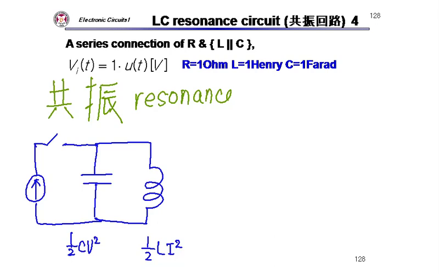Let's see. So this is my DC current, okay? And for t negative, I just connect this switch for a long time. So this is DC, right? So in the DC, oh yeah, I should add some more.